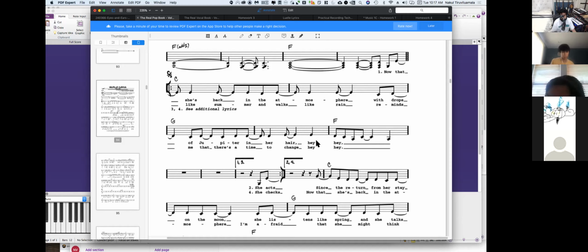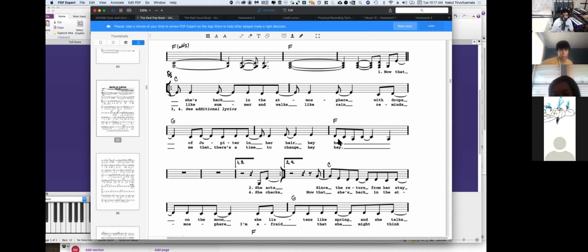But it's cool. You're really calling out that dissonance. Okay. Then what about this? Is this a chord tone? Is this D part of an F major chord?